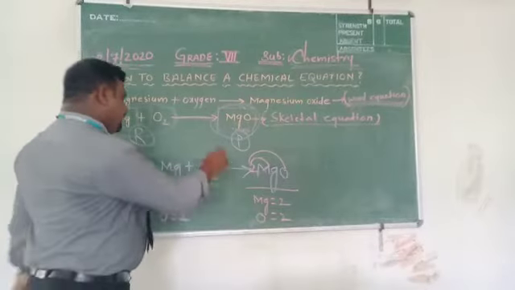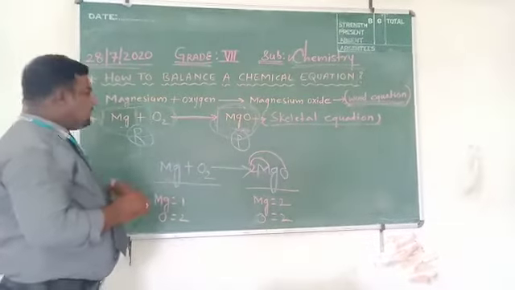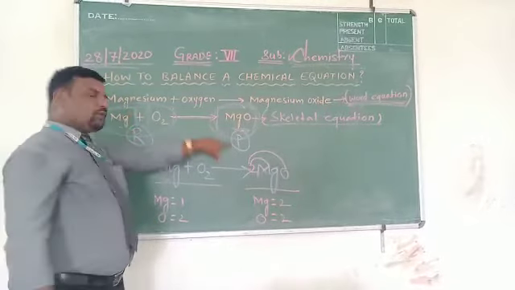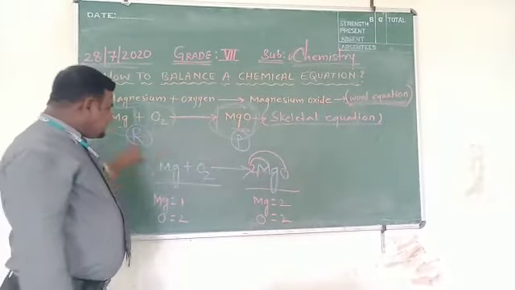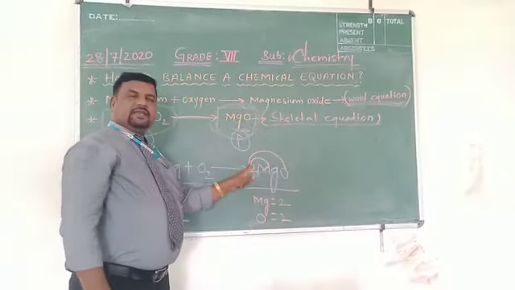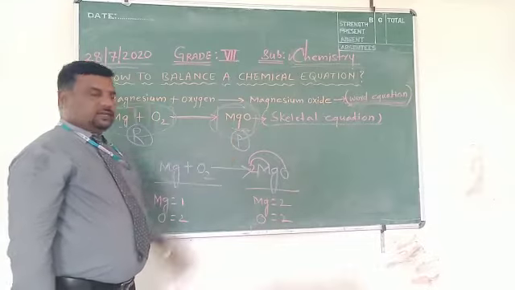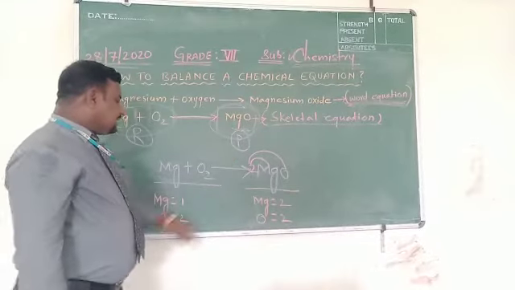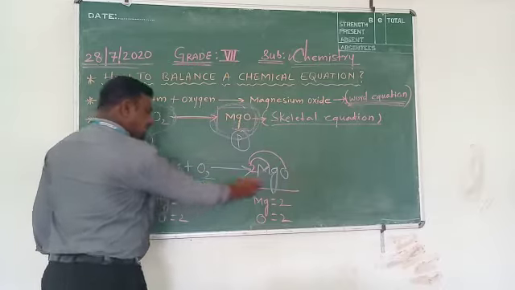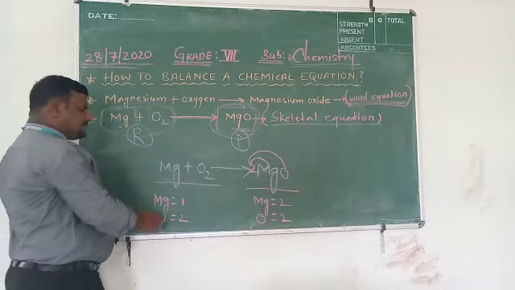Therefore, in the first step, what have we done? We have calculated the number of atoms on the reactant side and product side. In the second step, the right side, the product side, is multiplied using 2 as a coefficient. Now we counted. Oxygens are equal on the reactant side and product side both. Then what is less?